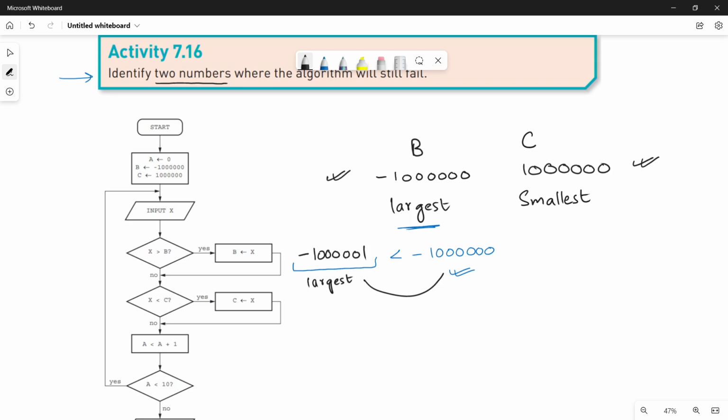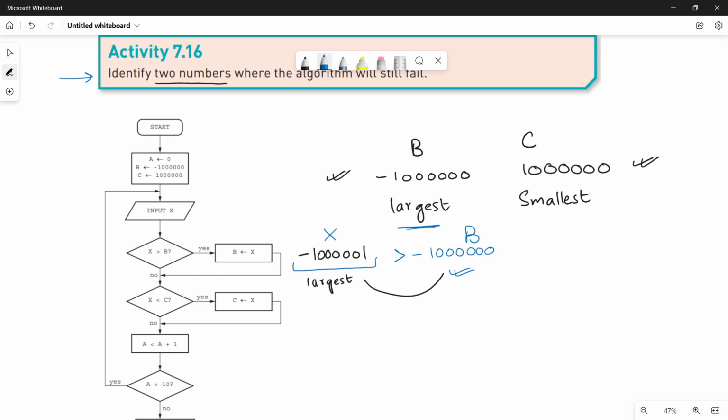But it can never be placed in variable b, because variable b already holds a larger value than this largest value of your test data. When you check the condition that if the value of x is greater than the value of variable b, only then can you change variable b.